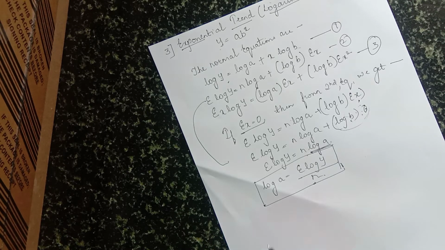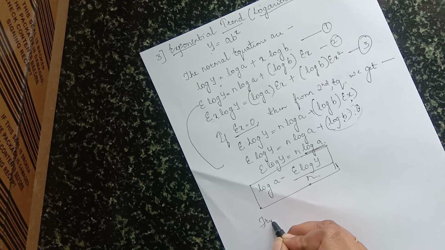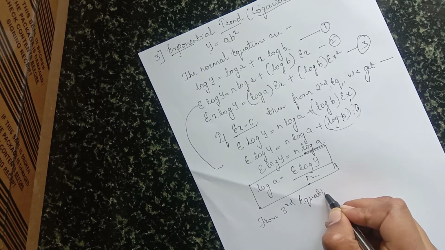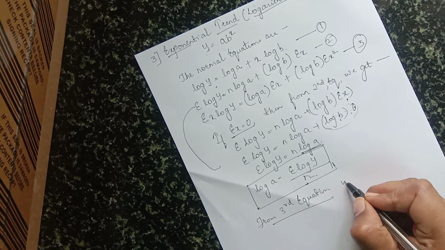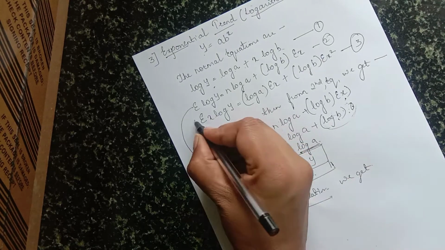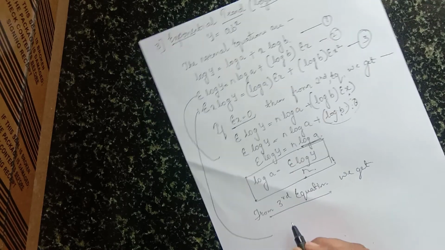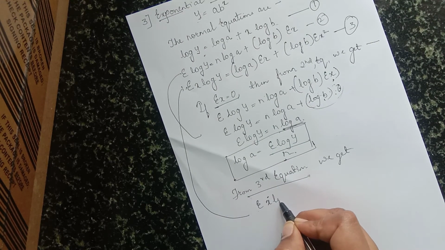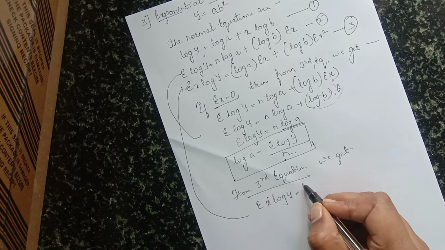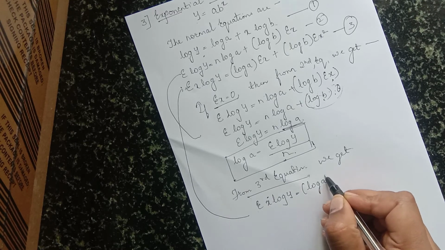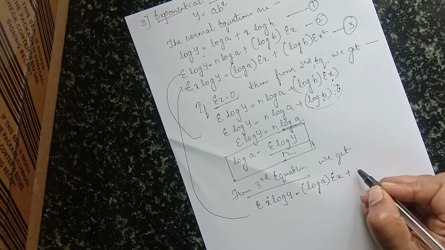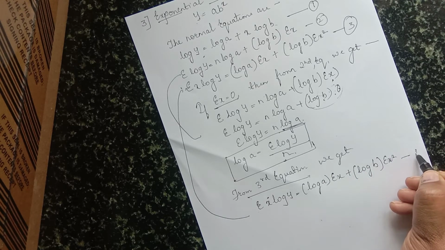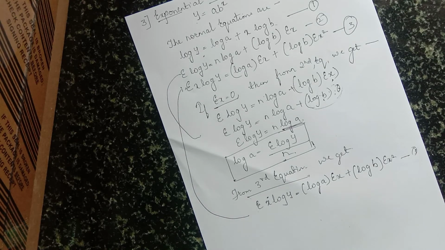From the third equation, we get, take the third equation, this one here, summation x log y is equal to, in bracket, log a summation x plus log b summation x square. This is the third normal equation we have taken.